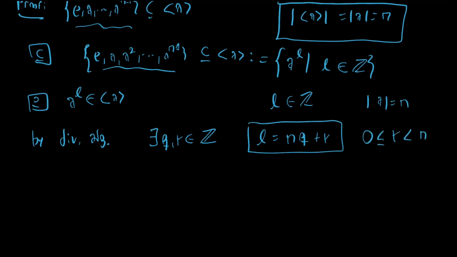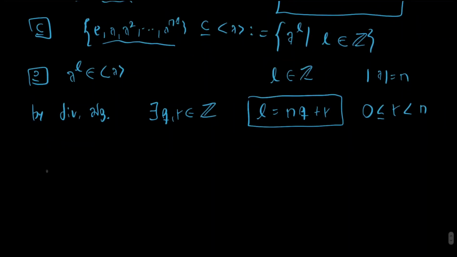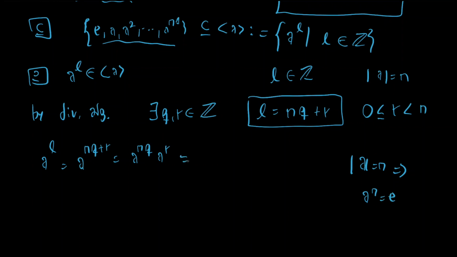So, with this in mind, we will write our A to the L as just A to the n times q plus r, which is the same as A to the n times q times A to the r. Okay, but now what we see immediately is that since the order of A is n, then A to the n is the identity, and we can write this as A to the n to the q times A to the r.